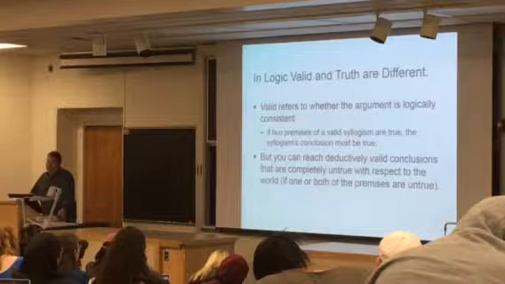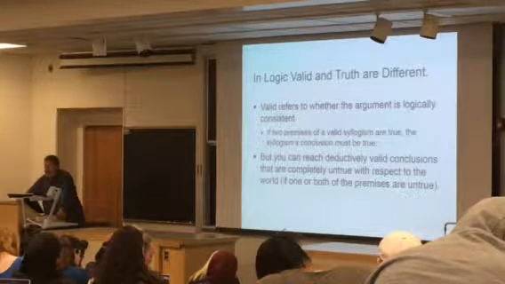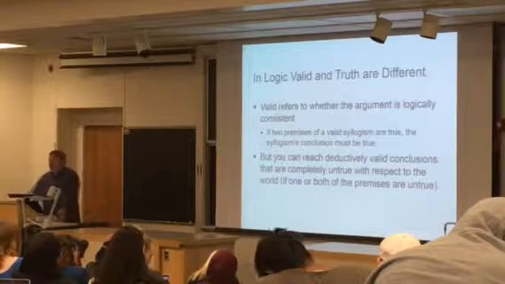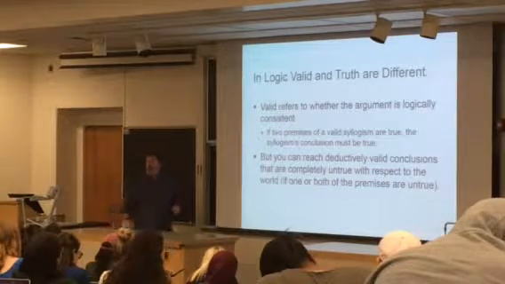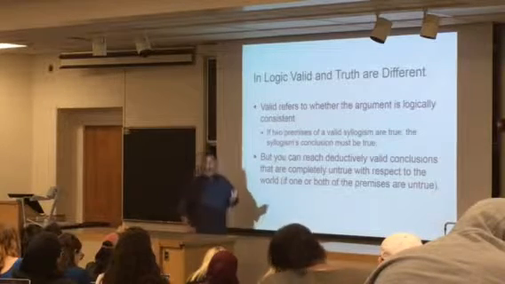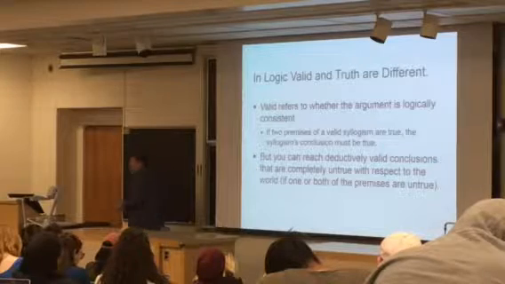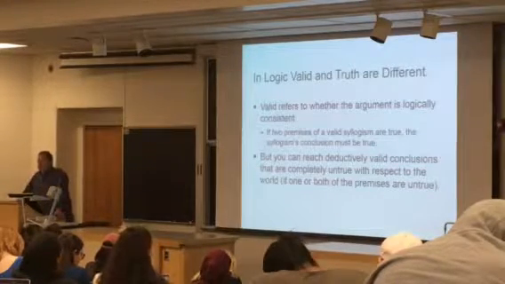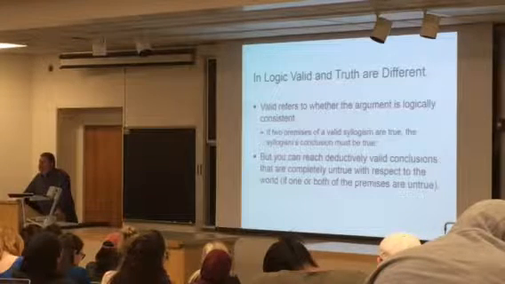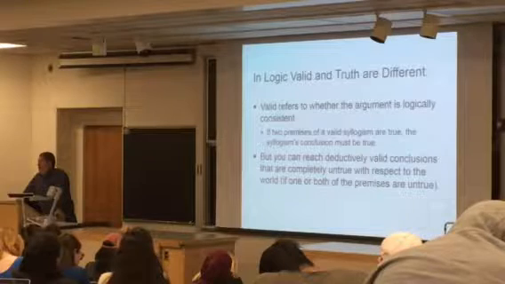And so, while valid refers to whether the argument is logically consistent, it will give you something that's true. So a valid argument will give you a true conclusion, but only if both the premises are true. That is, if you have two true premises and a valid syllogism, your conclusion will have to be true.